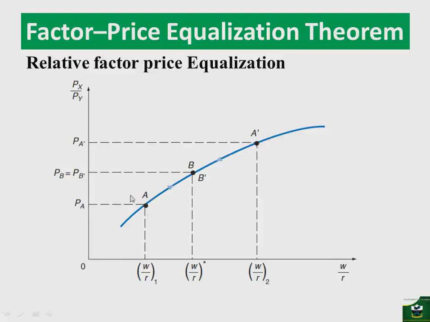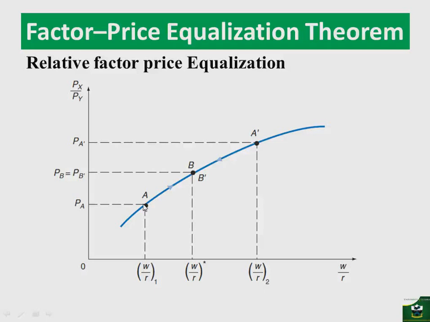On the vertical axis, we are measuring the relative commodity prices, while on the horizontal axis, we are measuring the relative factor prices. Now, at point A, we see that in nation 1, the relative commodity price is lower and the relative factor price is lower, while in nation 2, the relative factor price is higher and the relative commodity price is higher.